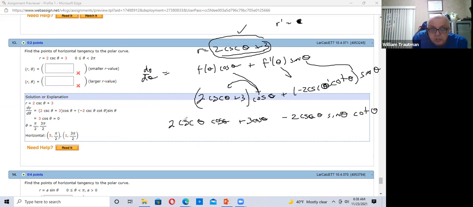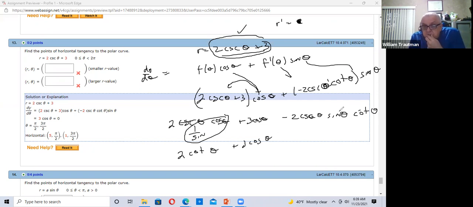All right, so cosecant is 1 over sine. So this can change to 1 over sine, so cosine over sine becomes cotangent. So this is 2 cotangent theta plus 3 cosine theta.